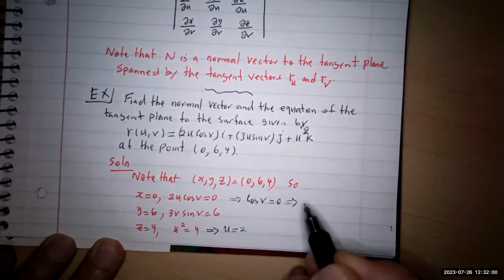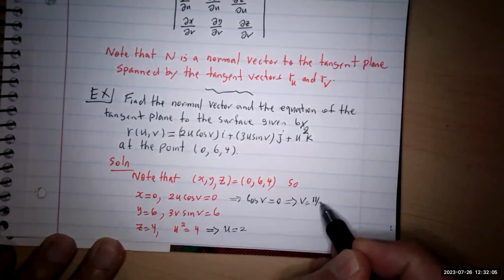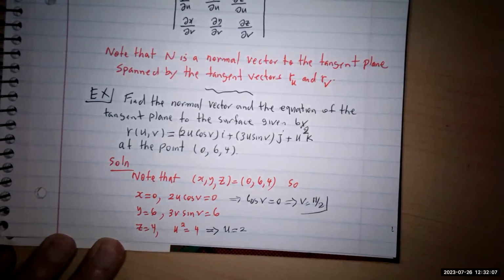And that would give you v equal to pi half. You can check it with the other to make sure, since I didn't take positive negative 2, that these are consistent with the 2.